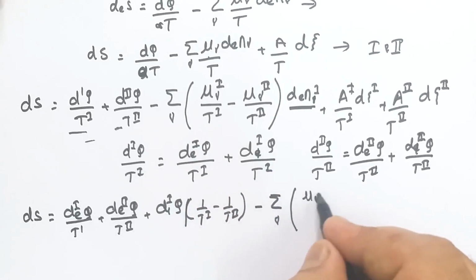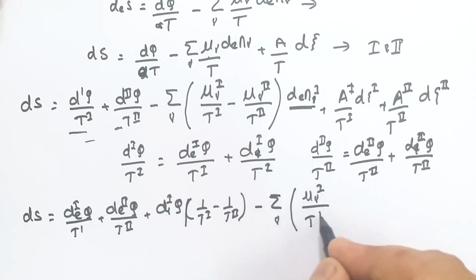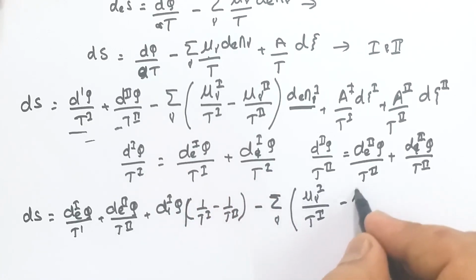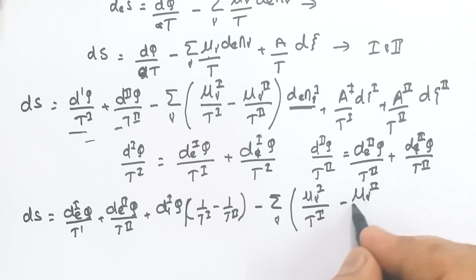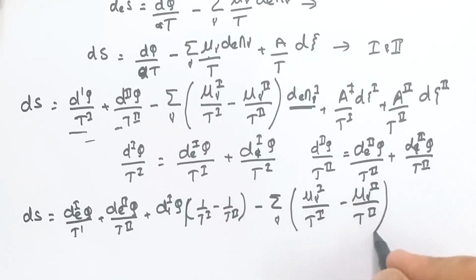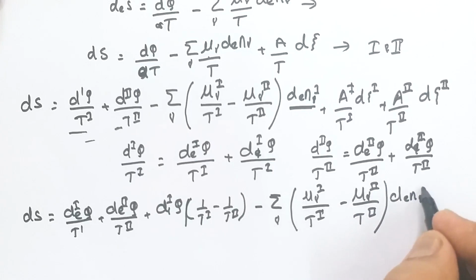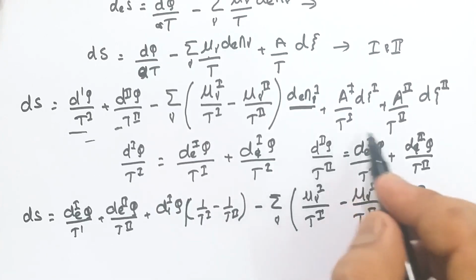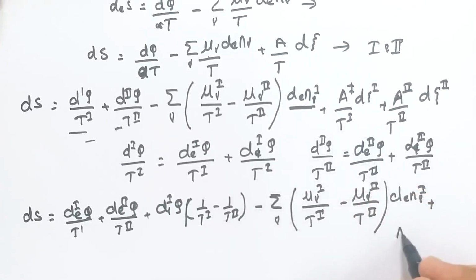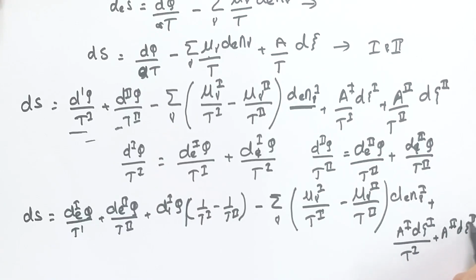So we will have mu gamma 1 upon T1 minus mu gamma 2 upon T2 dEn gamma 1 plus, and both these terms, so let me write it, A1 d psi 1 upon T1 plus A2 d psi 2 upon T2.